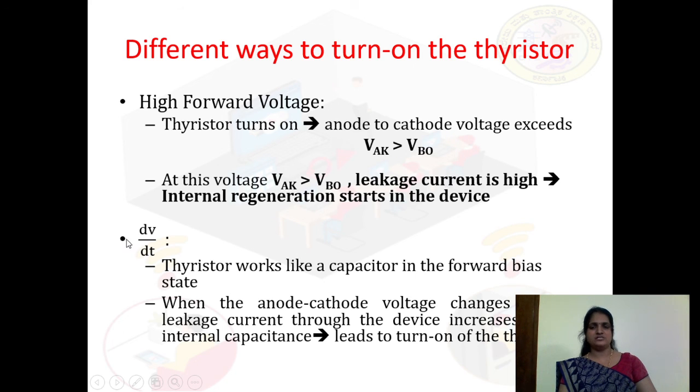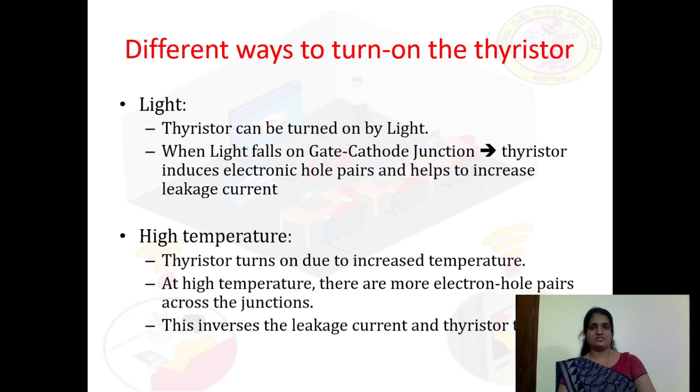And one more, which we just discussed, is dV by dt, where the thyristor acts like a capacitor at junction J2 in the forward bias state, where the voltage changes rapidly and the leakage current through the device increases due to the internal capacitance. Then it leads to turning on the thyristor.